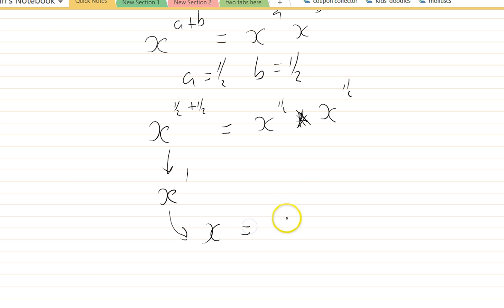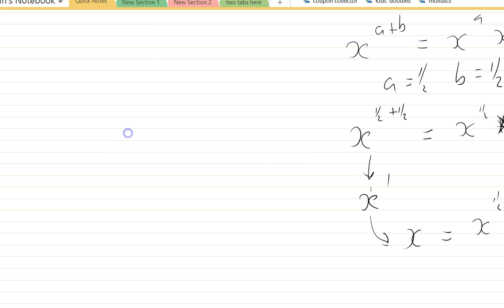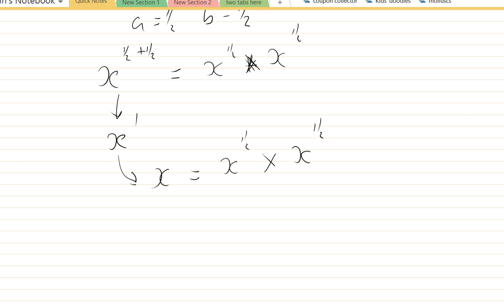So x equals x to the half times x to the half. That's telling us something useful now. So x to the half squared, because there's 2 of them multiplied together, equals x. Well, that's quite nice.